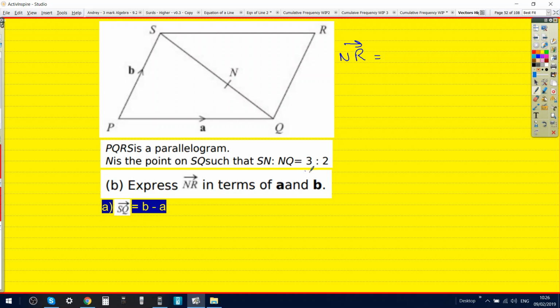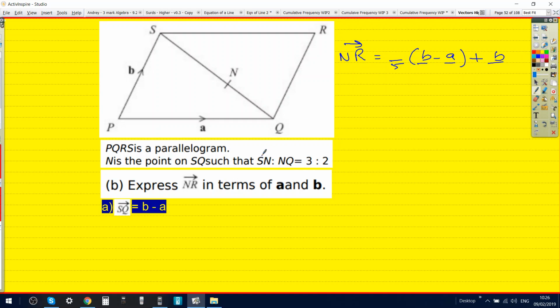So would it be plus 3/5 of B minus A? Okay. And then plus B, because P to S looks the same as Q to R. Well done.